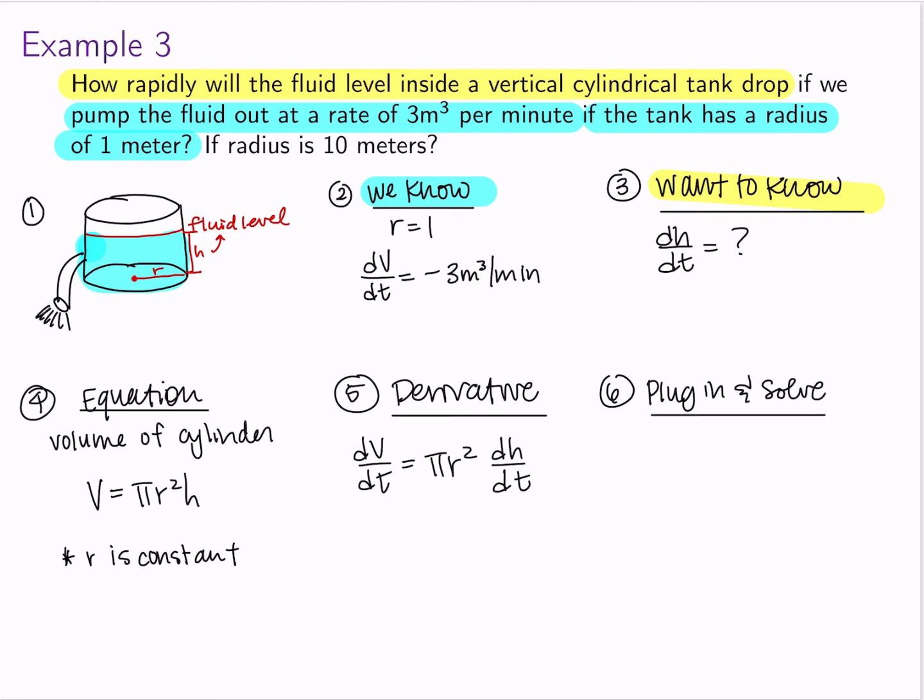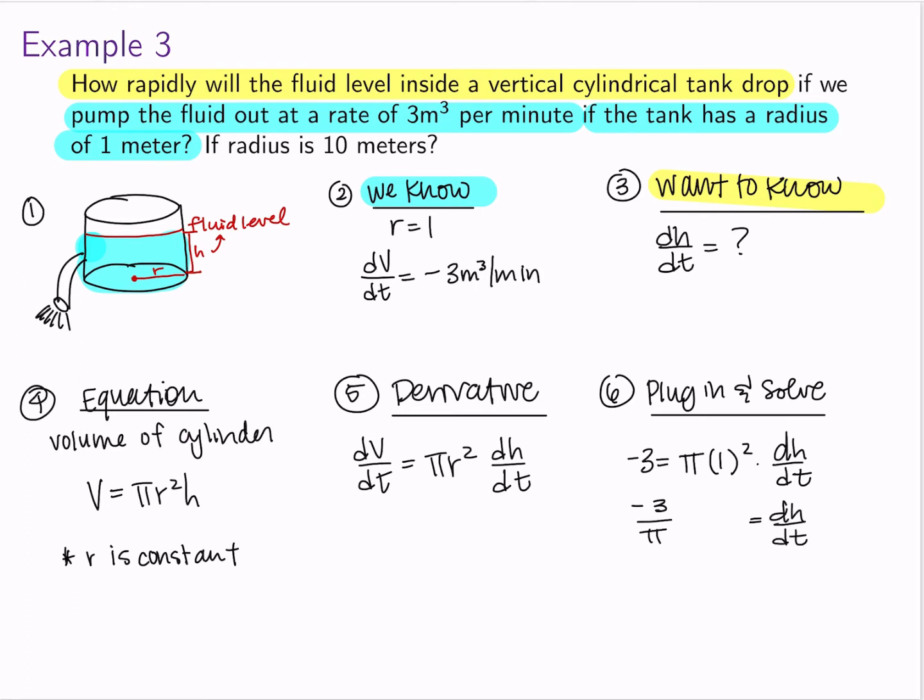So if I plug in and solve, dV/dt, I know that's -3. That's pi. What is my r? R is 1. That was something we found in step 2. So 1 squared times dh/dt. And I don't know that yet. That's what I'm looking for. So if we divide, we get -3 over pi equals dh/dt.